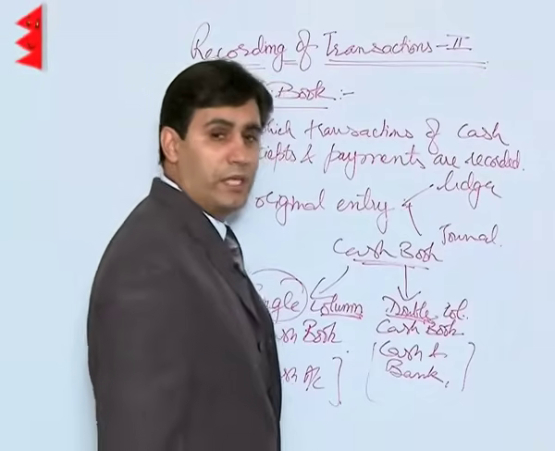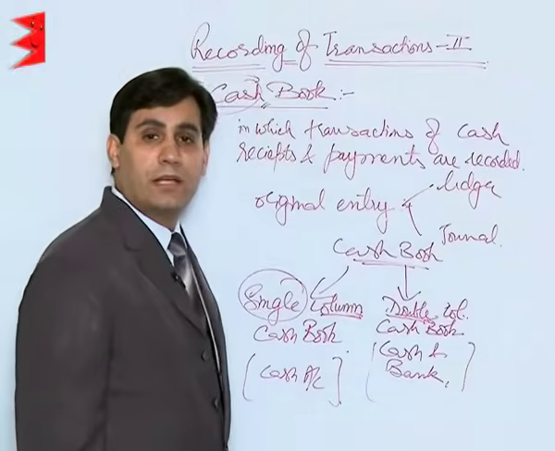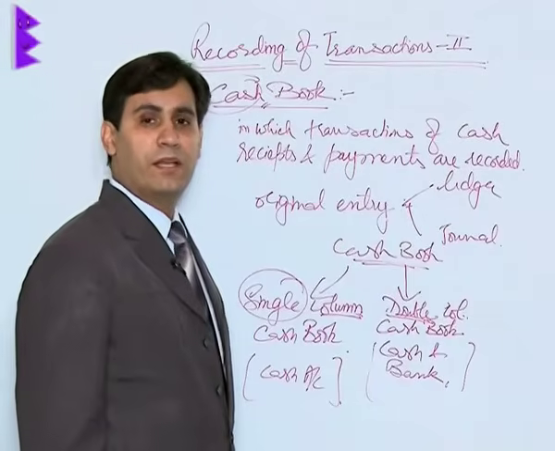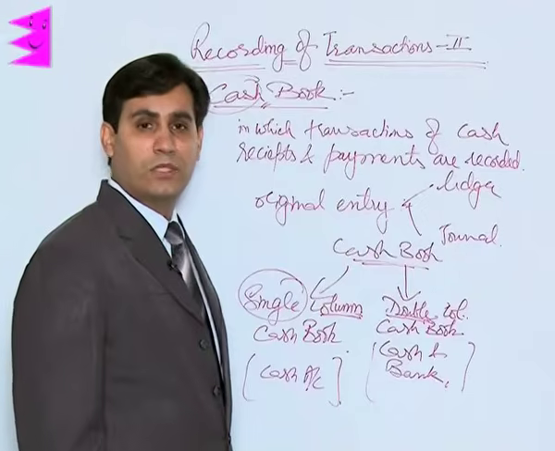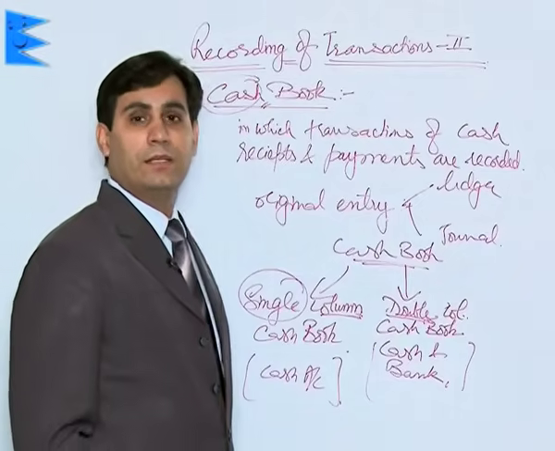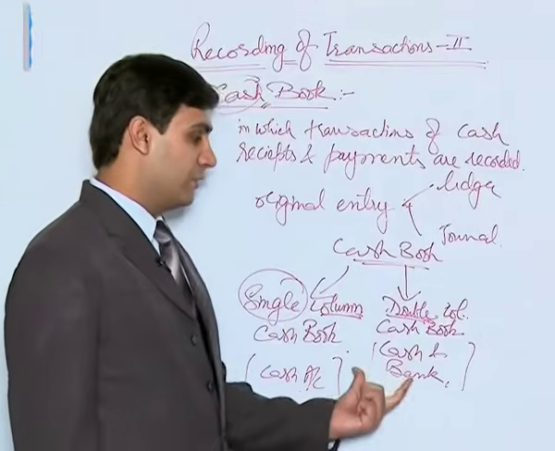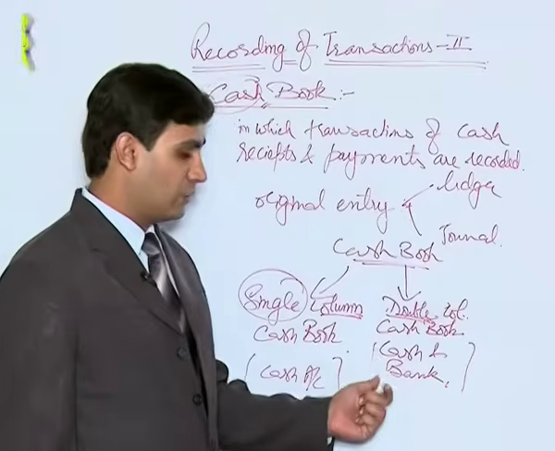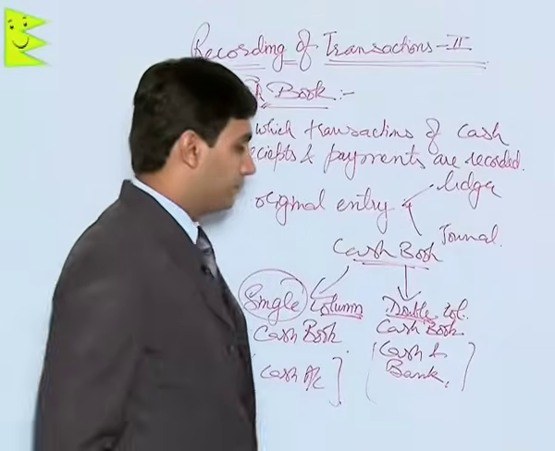Now students, in modern day business, cash and bank are used synonymously. I mean, you can make payments through check, they are counted as if they are made through cash only. Nobody minds being paid in cash or by paid in check. So this kind of cash book maintains two types of accounts, that is the cash account and the bank account.